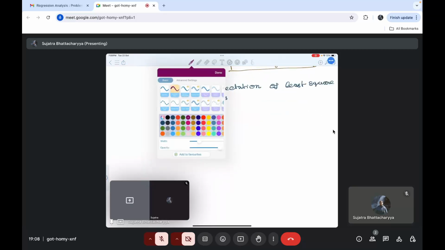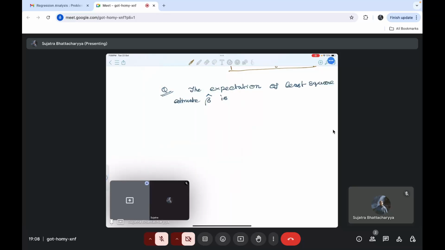You have your expression of beta hat. So the solution is that beta hat we know is summation x i y i over summation x i square. It's a continuation question, so don't worry. What you need to find is the expectation of beta hat. So what you will do is just put the expectation on whatever expression you have found.